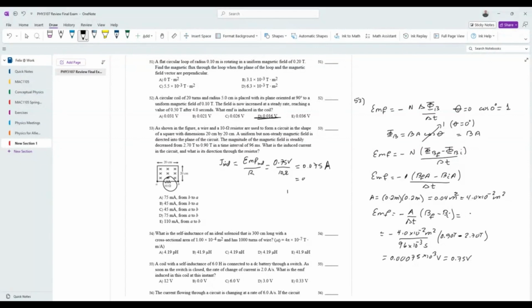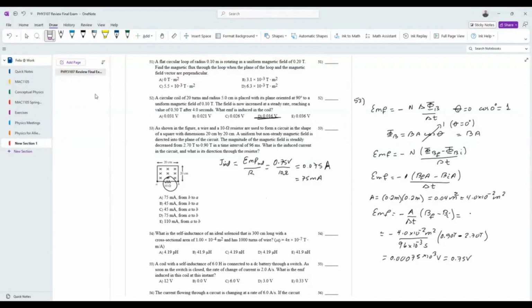You will say that this is 0.075 times 10 to the third milliamperes per ampere, so it would be basically 75 milliamperes. So the answer is 75 milliamperes.